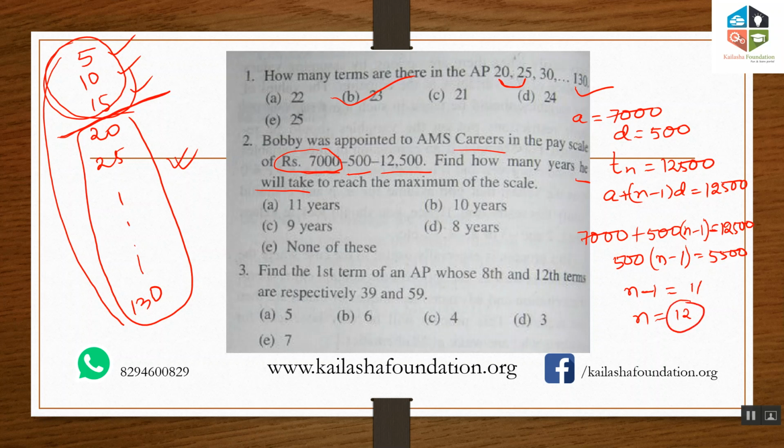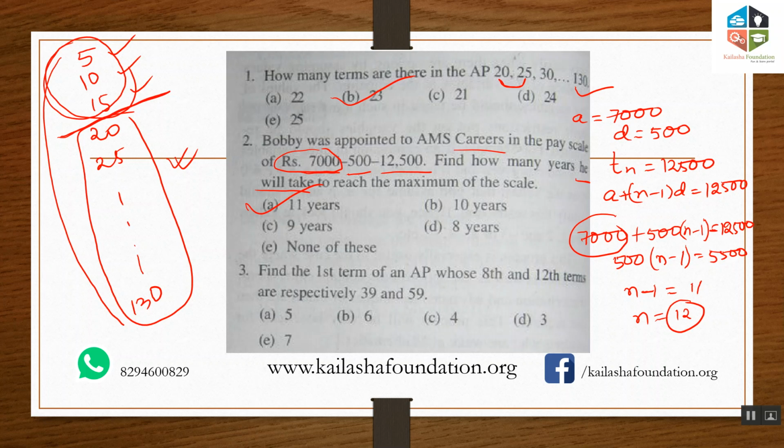So there are 12 terms. The first 7,000 itself is not to be counted. So 11 years, because his salary is already 7,000. It will take 11 increments, 11 times it will increase to reach the maximum scale 12,500.